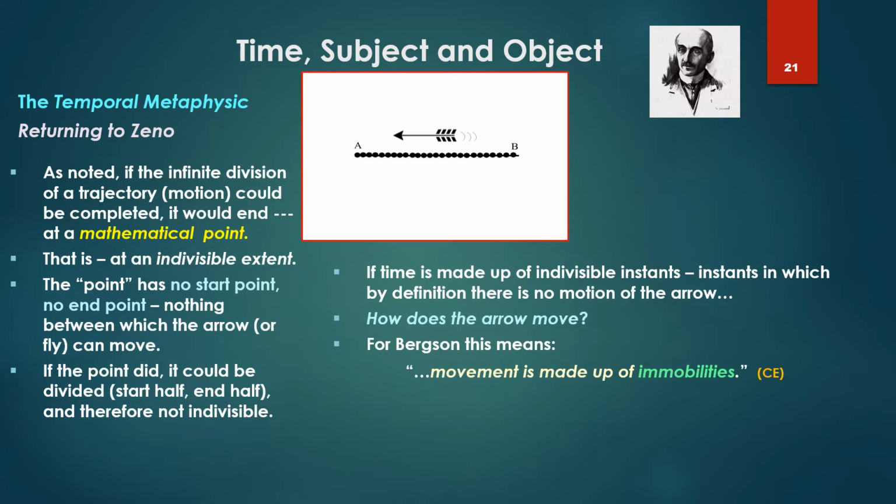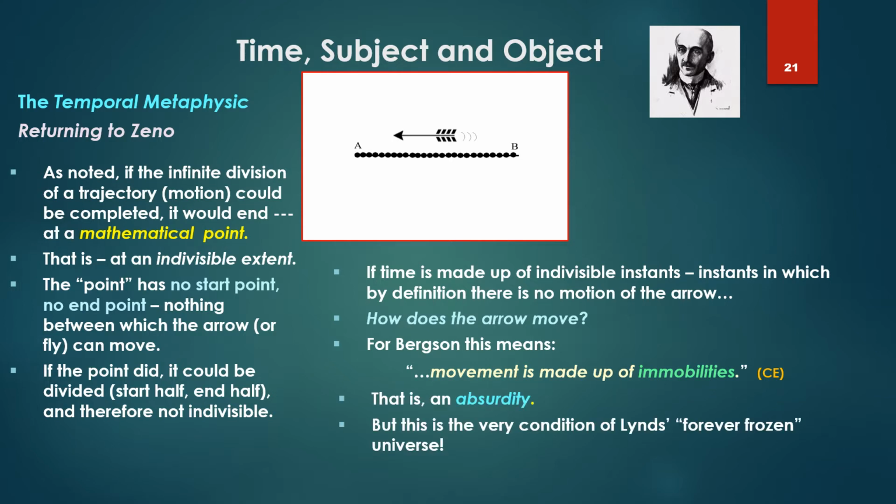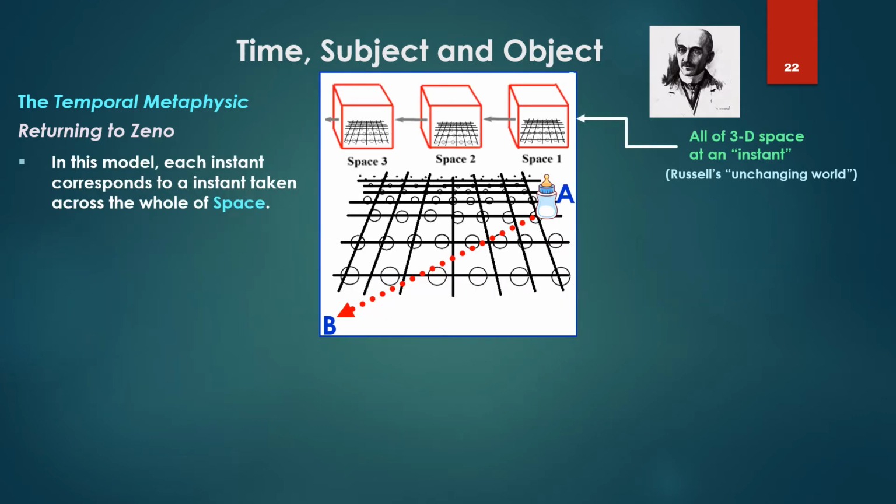For Bergson, this means, to quote from Creative Evolution, movement is made up of immobilities. That is, it's an absurdity. But this is the very condition of Lynds' forever frozen universe. In this model, each instant corresponds to an instant taken across the whole of space.